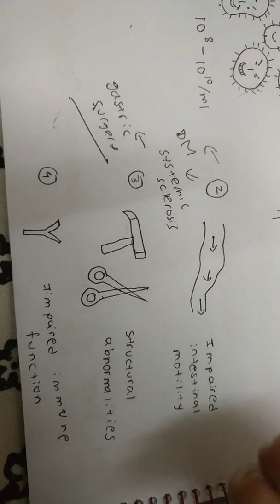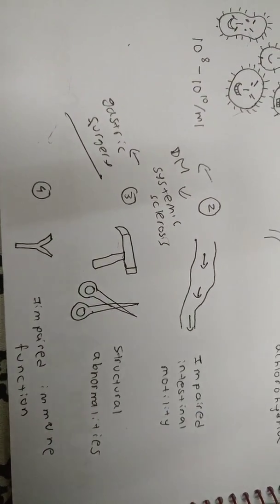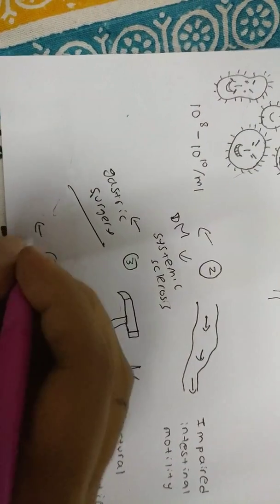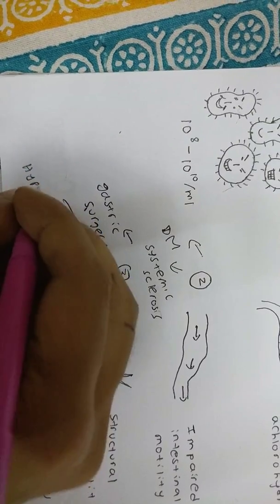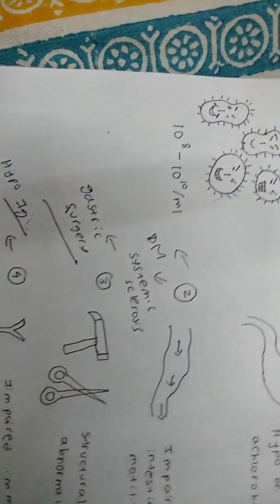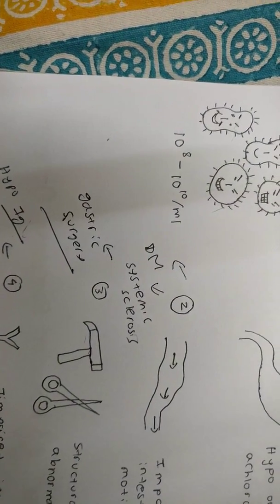Now, there might also be impaired immune function, which is usually idiopathic, leading to hypogammaglobulinemia with reduced immunoglobulin M and immunoglobulin A levels.